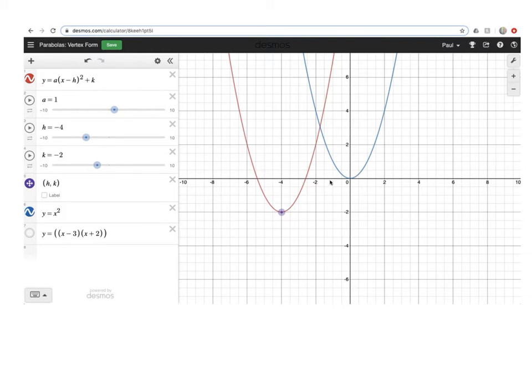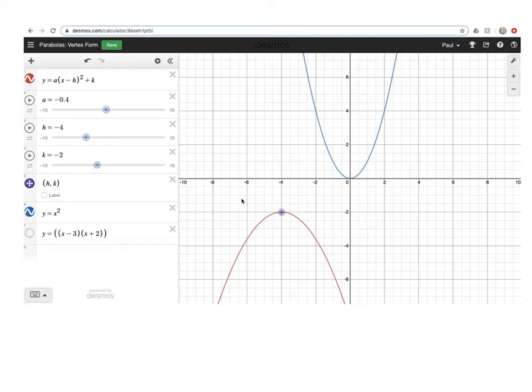It's exactly the same shape as before, however its position has changed. If I change the value of a, however, the shape does change. The greater the value of a, the narrower it appears. When it becomes less than 1, it becomes shallower. And then for negative values, I see my parabola opens up downwards.